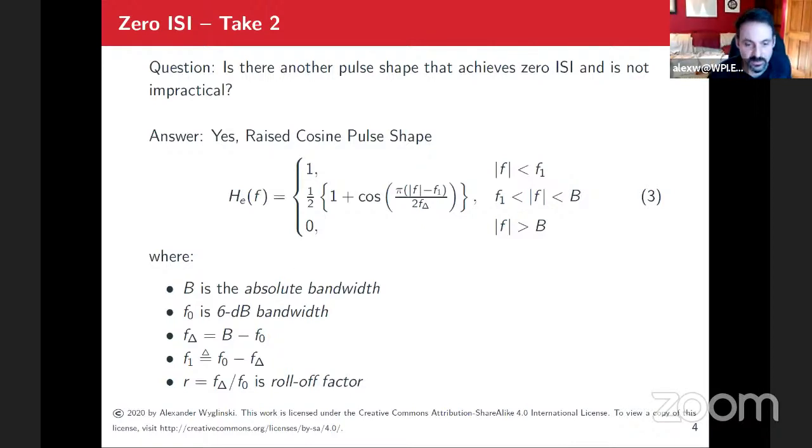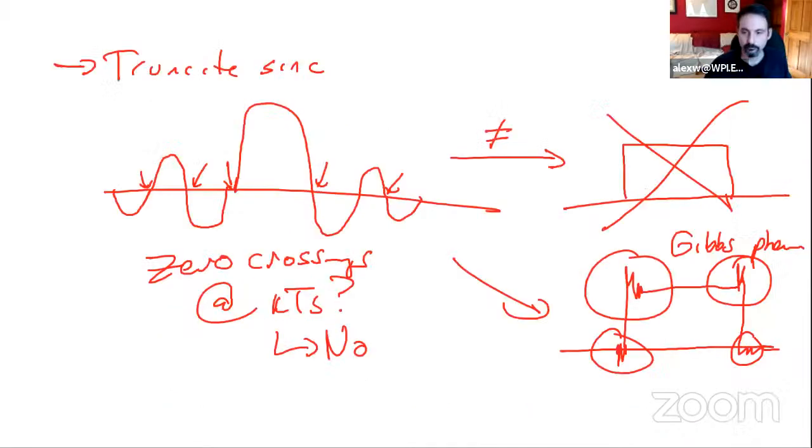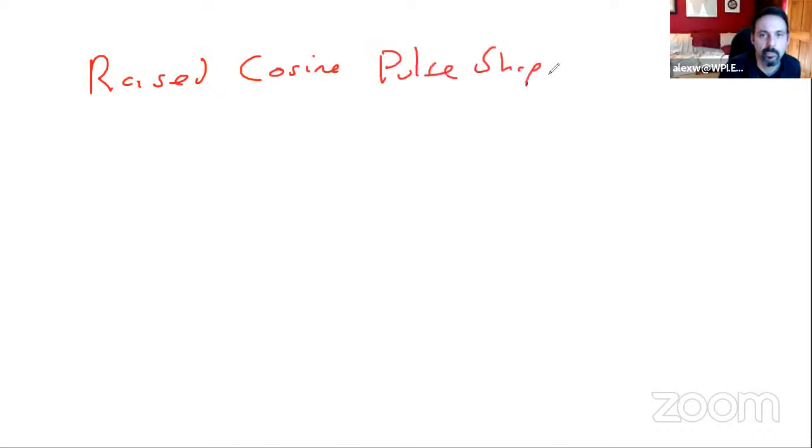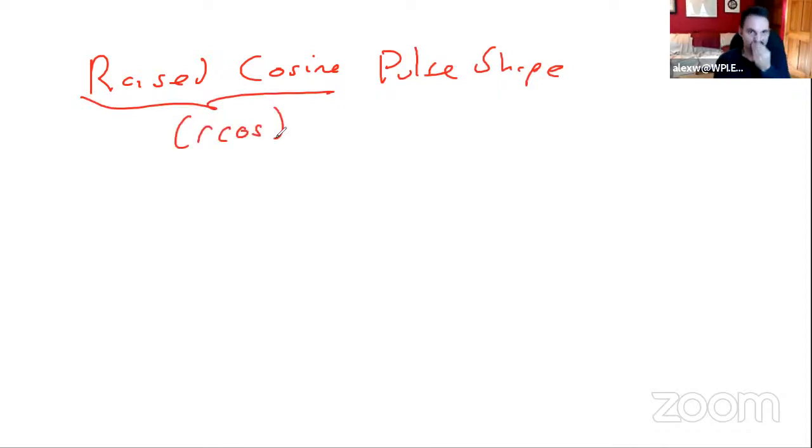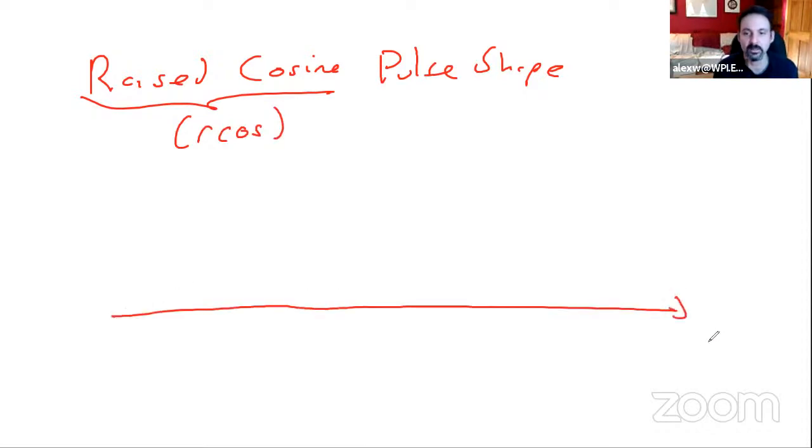So it's going to look like this. So raised cosine pulse shape. This is sometimes abbreviated as RC. The way this would look in the frequency domain is something like this.